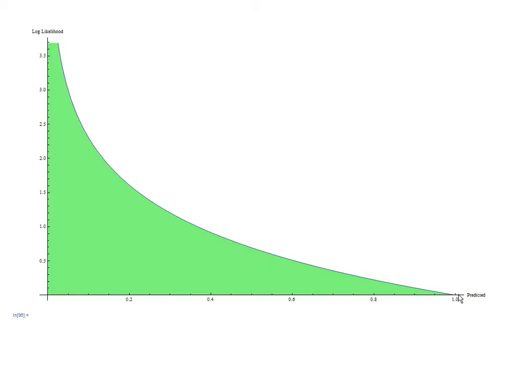We will have a condition where there's no penalty. But you can see, if you predicted a draw, there's a penalty in the case where a win occurred. And then as you more and more think that you're going to lose, it approaches infinity. If you finally said 100% chance there's a loss, well, the log likelihood is infinity.